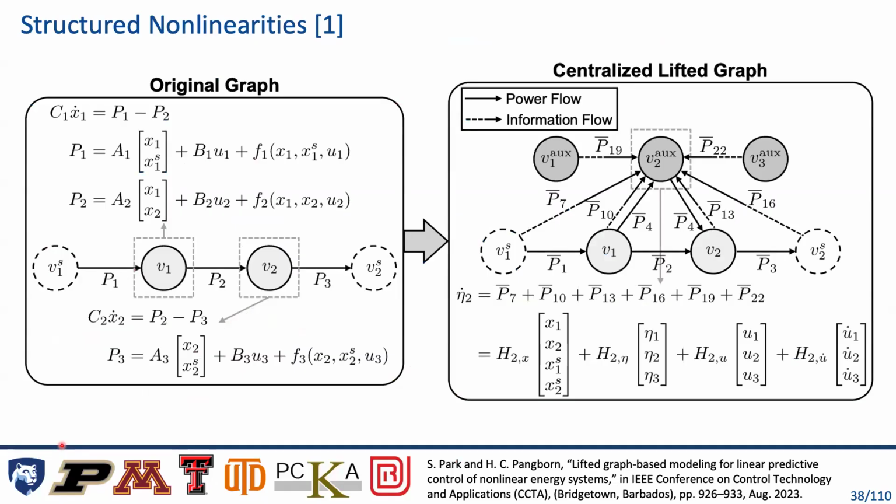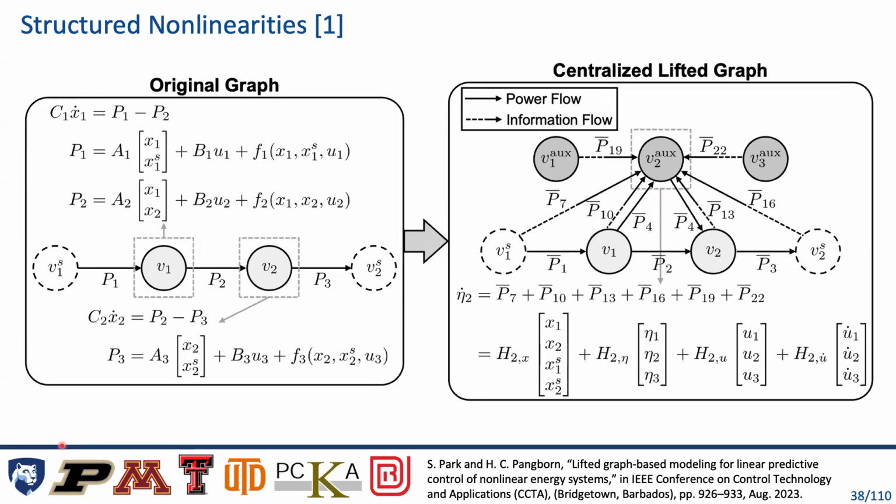Then we've also seen that the graph-based structure, the fact that all the nonlinearity lives along the edges, allows you to do some nice things beyond just linearizing a general nonlinear state-space model using Taylor series approximations. In this case, Herschel and his student at Penn State looked at nonlinearities stored on these power flow edges. You can actually create a lifted graph where you introduce auxiliary, basically fictitious vertices that are associated with these different power flows.